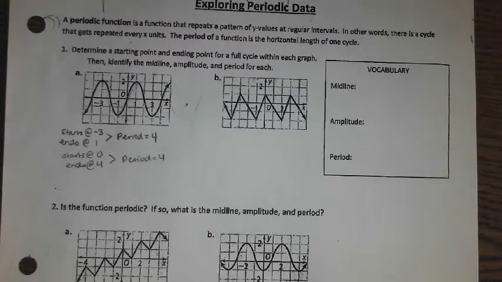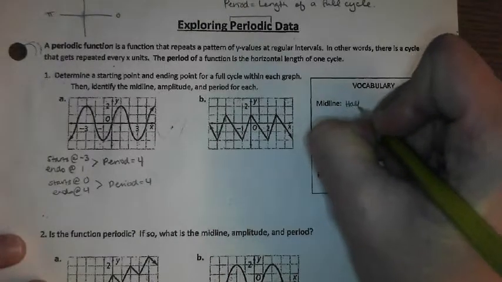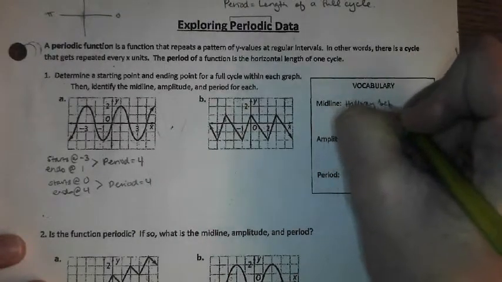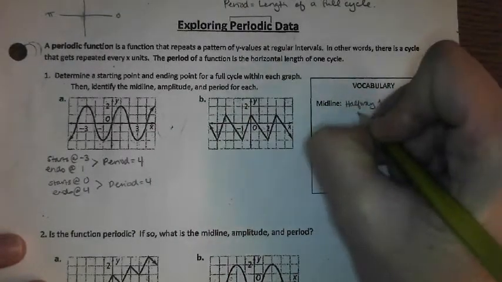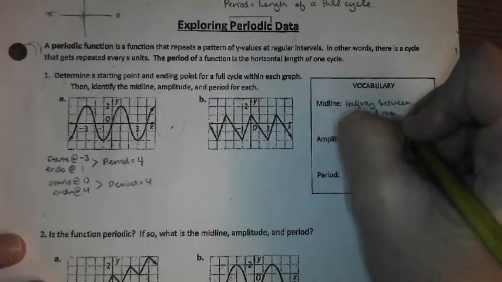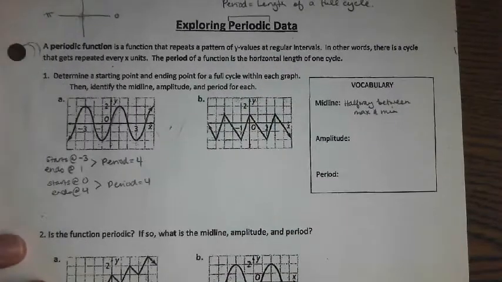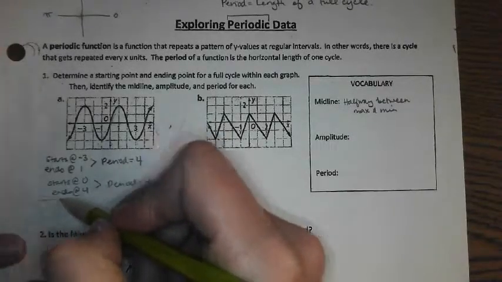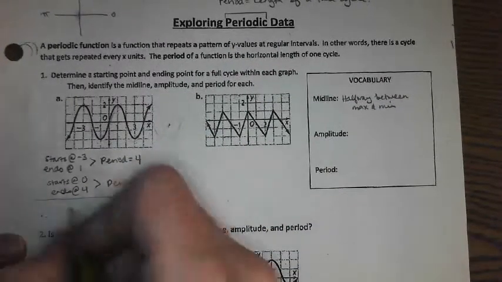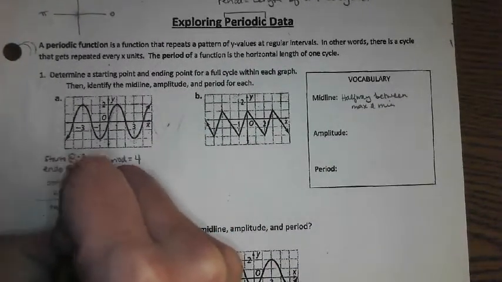So there's your period. Your midline is halfway between max and min, aka the middle. So there should be no difference here. The max is at 2.